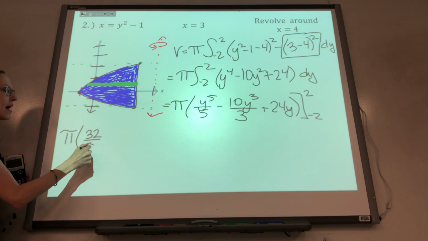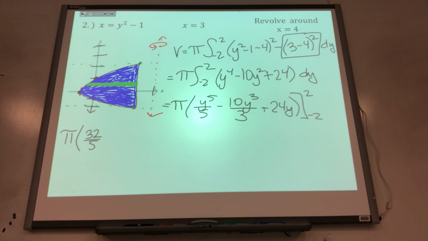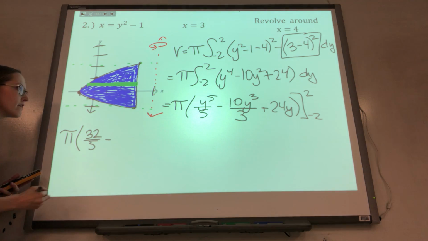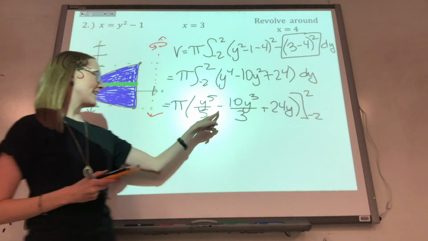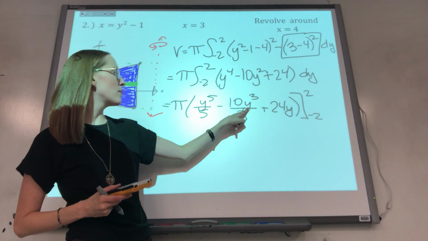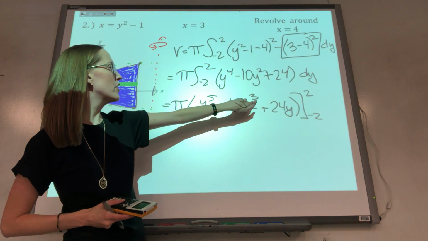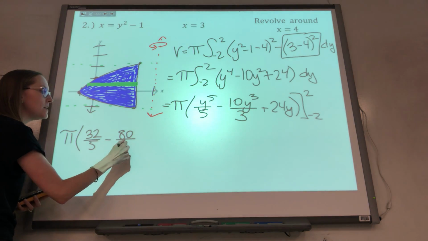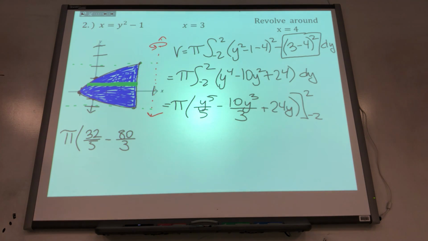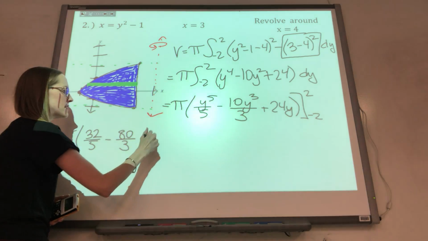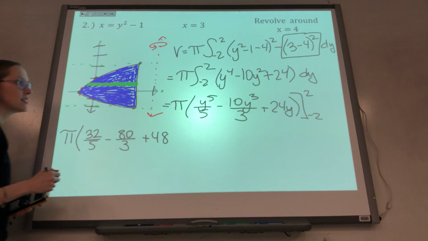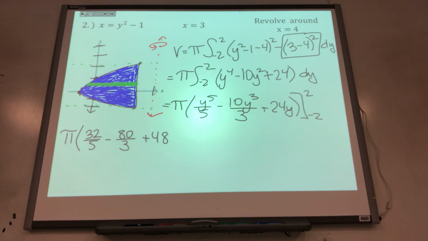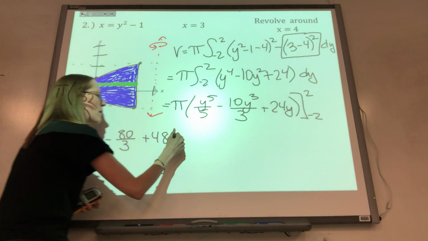2 to the 5th power is 32, so that's going to be 32 over 5, minus, got to do my exponent first here, 2 cubed is 8, 8 times 10 is 80, so I'm going to leave that as a minus 80/3. Plus 48. 24 times 2 gave me the 48.